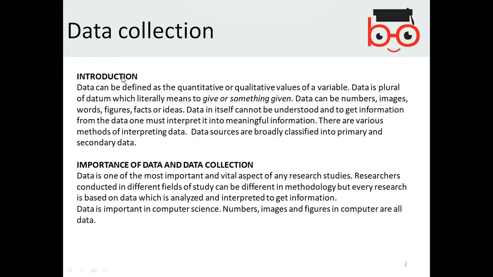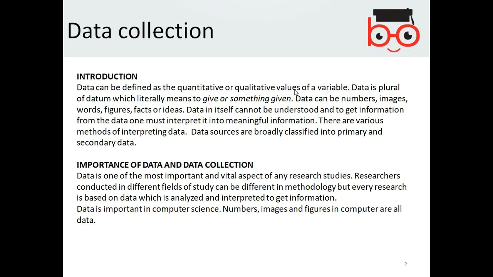So data collection is simply either the quantitative or qualitative values of variables. Even if you are doing research in computing, if it is pure computing research, then you will be dealing with the quantitative. And if it is applied research, then it can be a combination with the qualitative values as well.